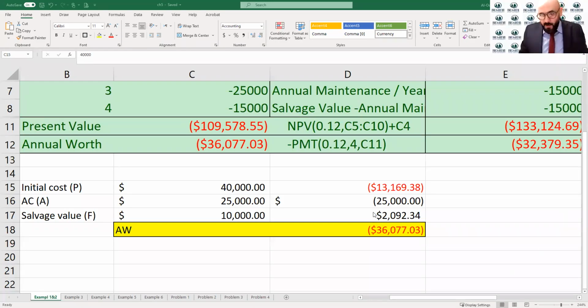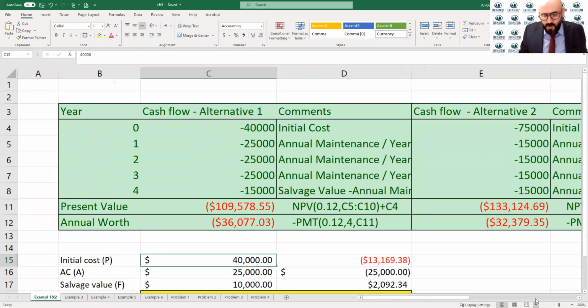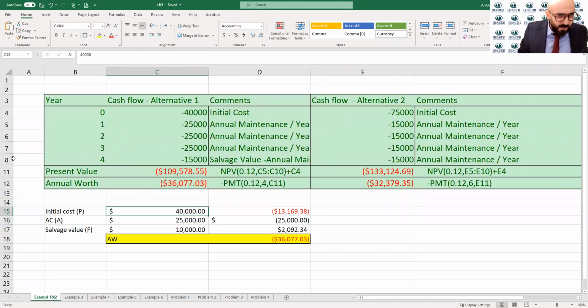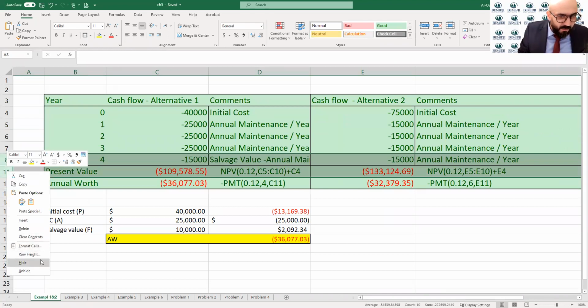Actually, this is the one that I'm looking for. So now we adjusted the question to have two alternatives. I'm still using the previous one, so I'm going to unhide the columns that I hid before.